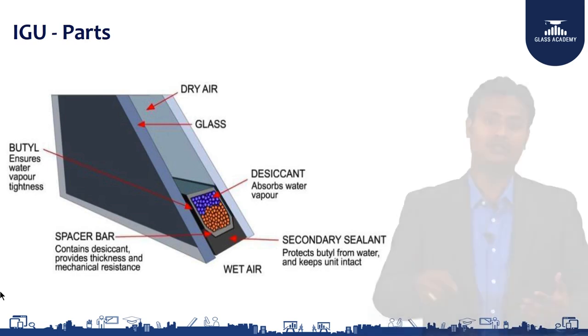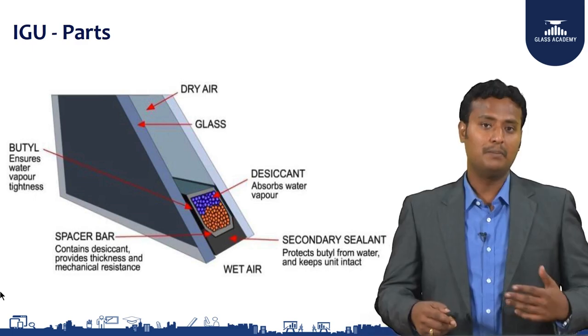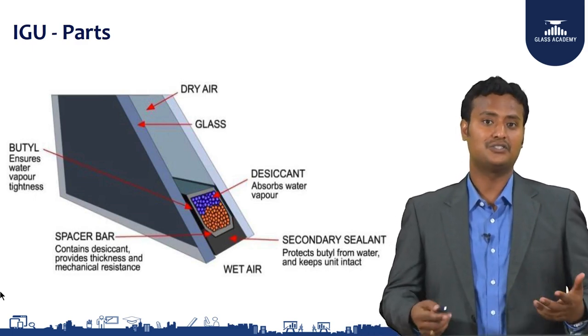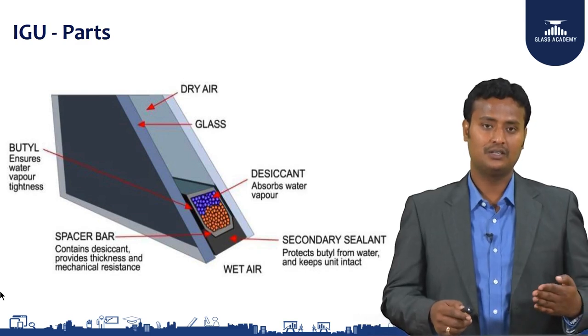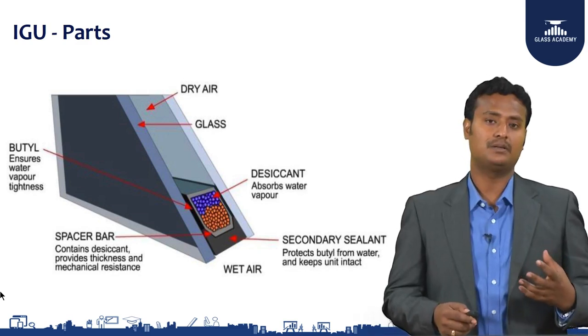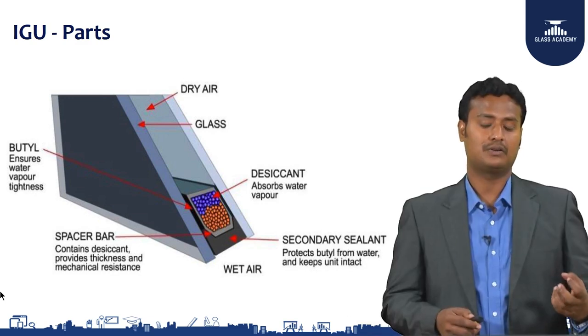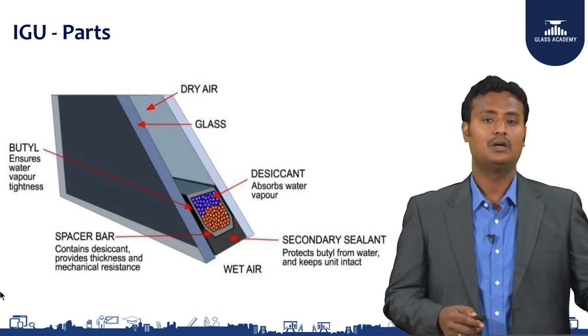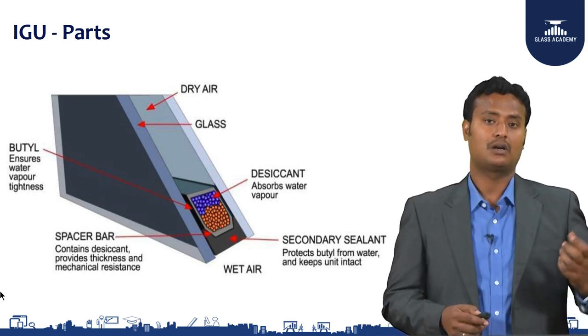We then have to fill this with desiccant. The desiccant affects the condensation performance. If the IGU needs to be protected from condensation, the desiccant has to be a proper one. The desiccant absorbs water moisture present in the DGU, or anything that comes inside, including water moisture or hydrocarbons.